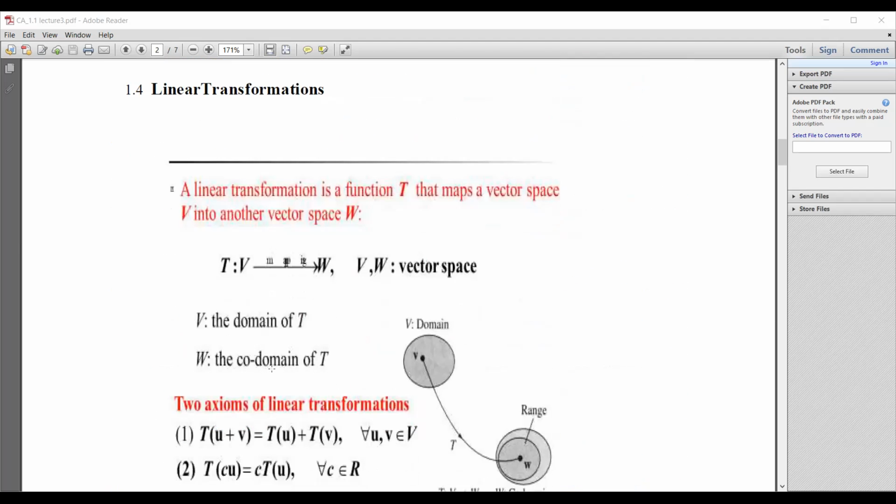The next topic is linear transformation. As we all know, vector space.